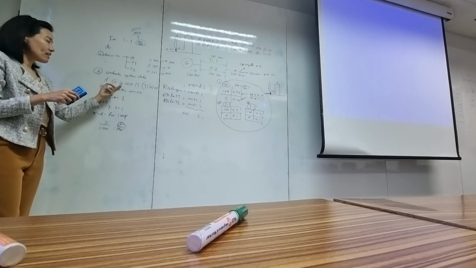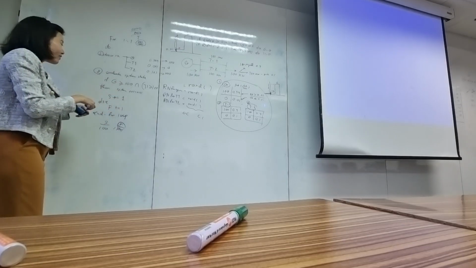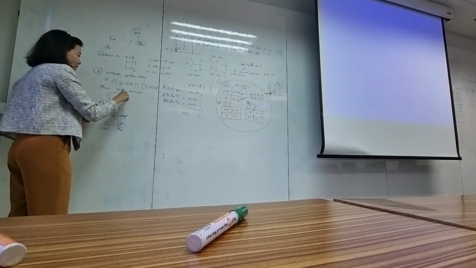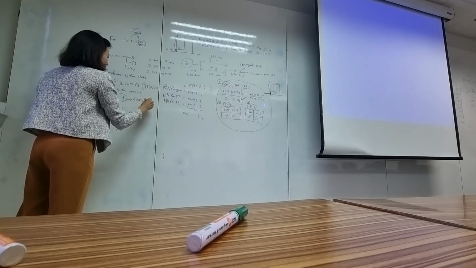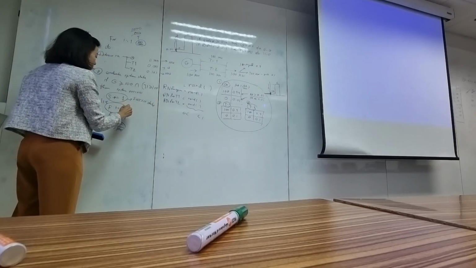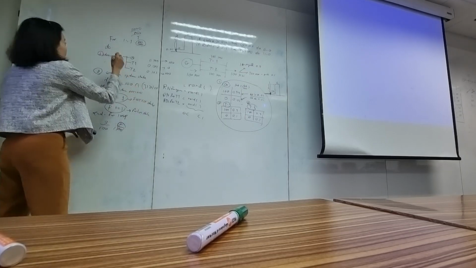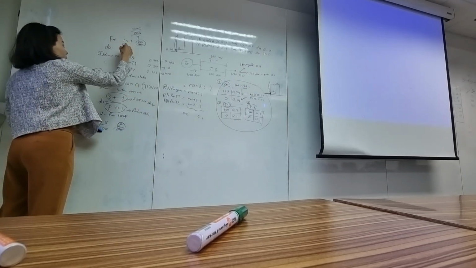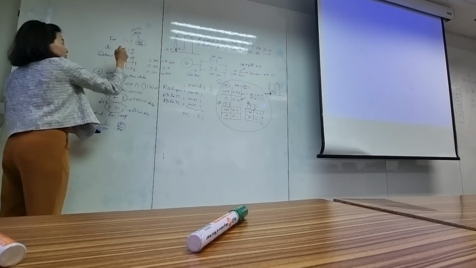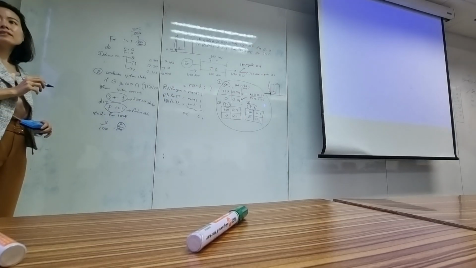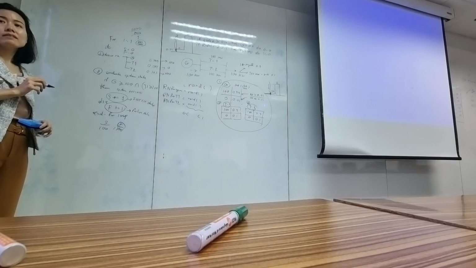Okay, and if the system is success, then you count. This is counting the states. This is counting that this is a success state. And this is counting that it's the failure state. So each time you start, don't forget to let S equals 0, F equals 0, okay? Initialize it first.